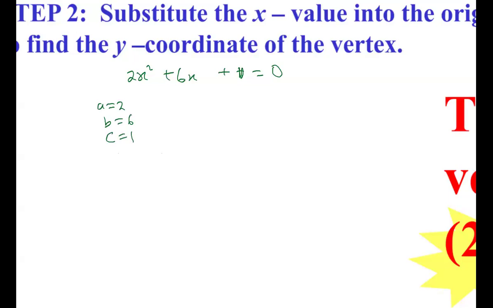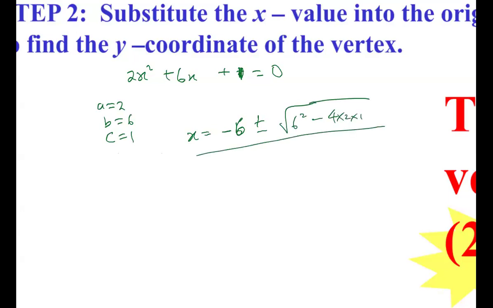Then you put that into the equation again. It's going to be what? You can pause it first before doing it. So x equals minus b, 6, plus or minus the square root of 6 squared minus 4 times 2 times 1, everything over 2 times 2.